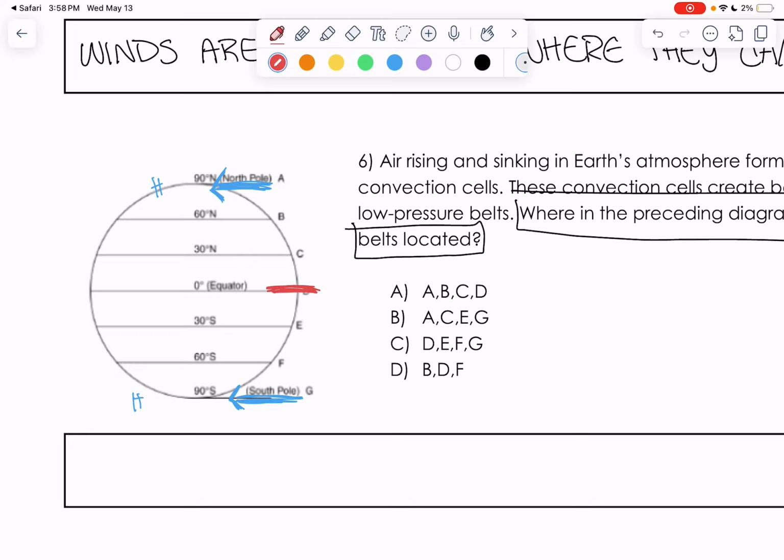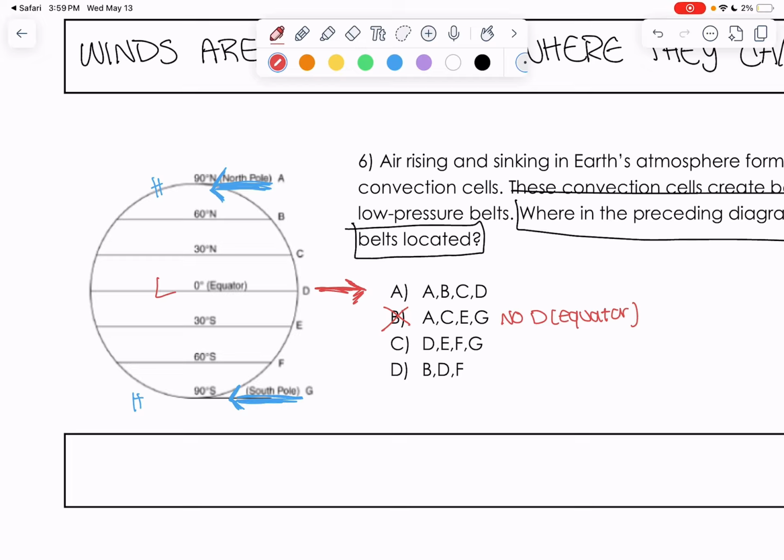Because it's warm, it's going to be rising away from the Earth because it is low pressure. So automatically, if I know that it is low pressure, I probably shouldn't draw it over the answer choices. Low pressure at D, I know it has to be either A or C. I can get rid of B because there's no D, equator. And D has D as well.